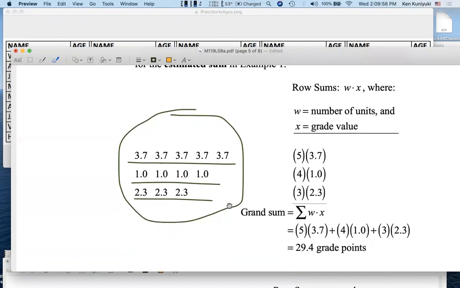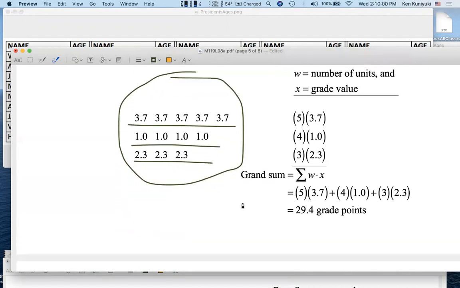So when we do the zigzag, this times this, plus this times this, plus this times this, we get a grand sum of 29.4 grade points. That's not an estimate. That's the actual grand sum where you apply this scheme.